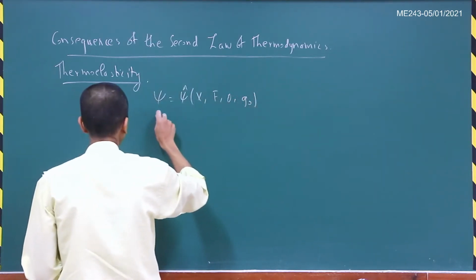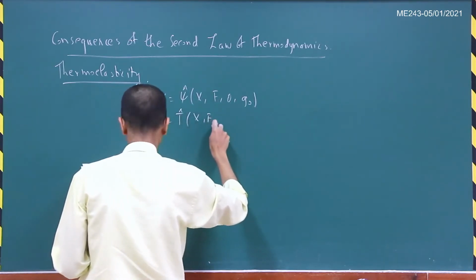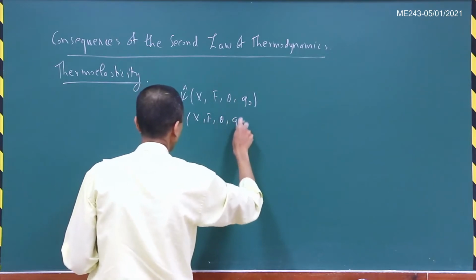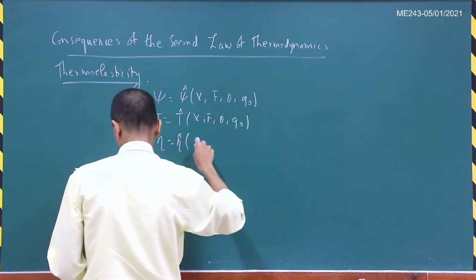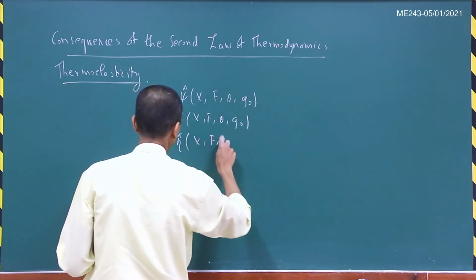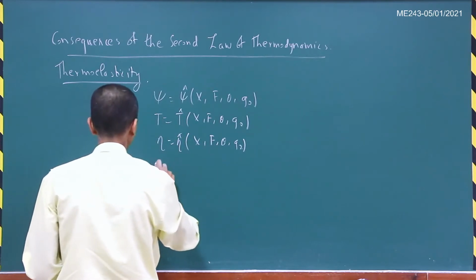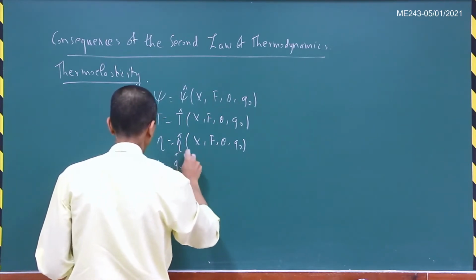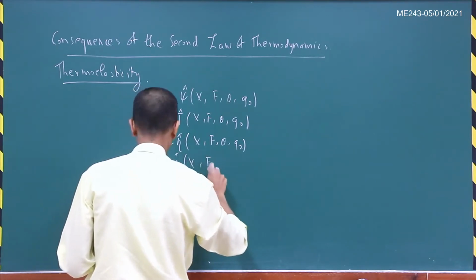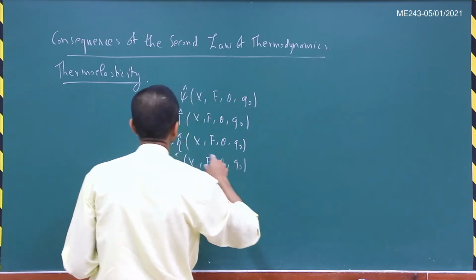Then T is equal to T hat of x comma F comma theta comma g naught, and then eta is equal to eta hat of x comma F comma theta comma g naught, and q naught is equal to q naught hat of x comma F comma theta comma g naught.